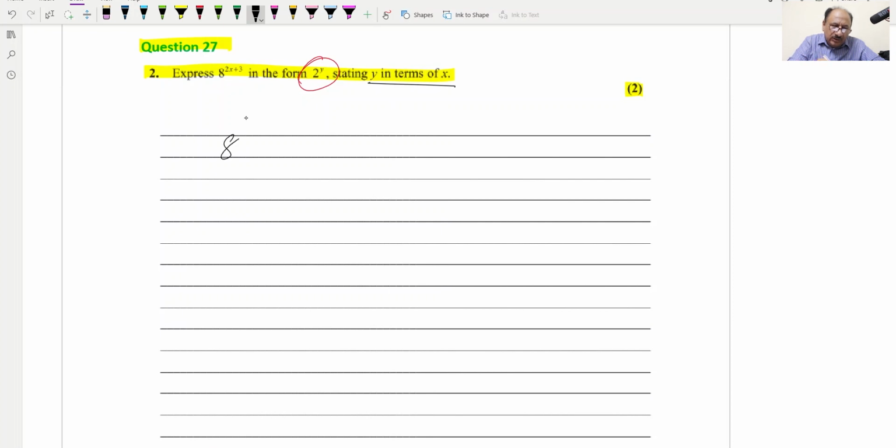So 8 raised by 2x plus 3, we can rewrite it as 8 can be written as 2 raised to the power 3. So we can write 2 raised by 3 whole raised by 2x plus 3. And if we open this bracket, so we will be getting 2 raised by 3 into 2 will be 6x, and plus 3 into 3 will be 9.